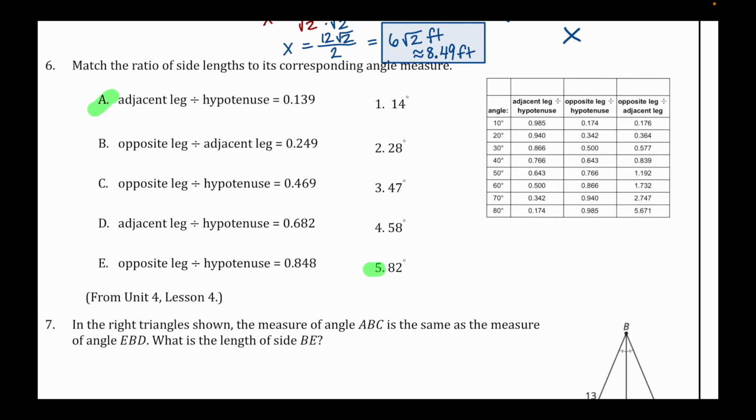A is going to be 82 because it's going to be larger than 80 on my table. Then opposite over adjacent, that is going to be our third column. We were looking for 0.249, so 0.2. We have large numbers down here like 5, so we're going to go up until we find 0.2. So 0.3 and 0.1 are right here, which means it should be in between 10 and 20. I only see one number in between 10 and 20, and that is 14. So we're going to select 14 as our answer for B.